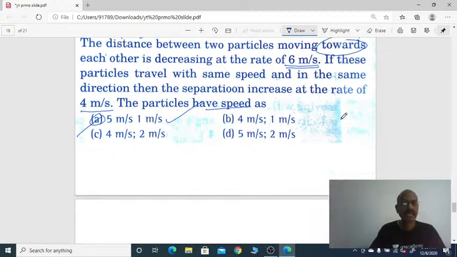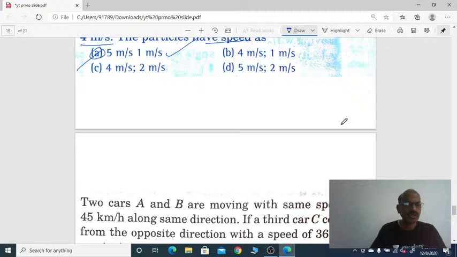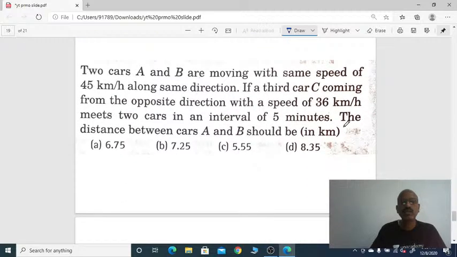And then come to the next one. Two cars A and B are moving with the same speed, 45 km per hour, along the same direction. A third car C is coming in the opposite direction with the speed of 36 km per hour. When the car C meets the two cars at an interval of 5 minutes, what should be the distance between car A and B?